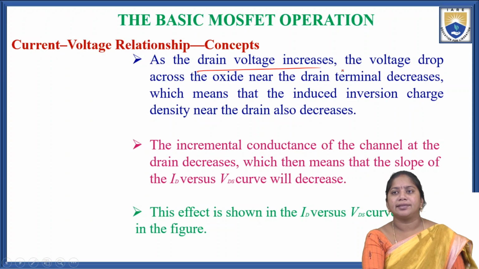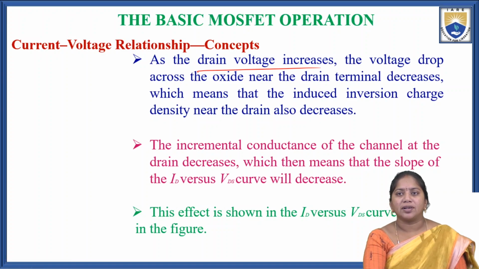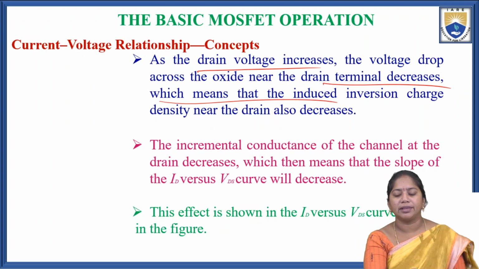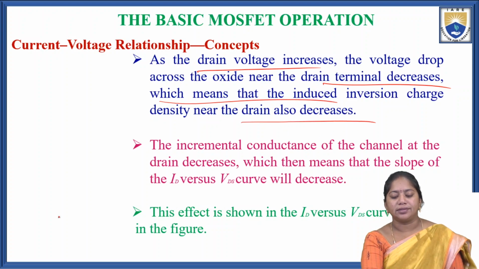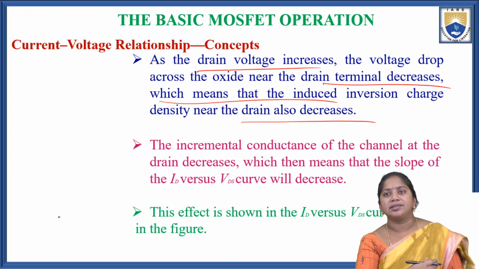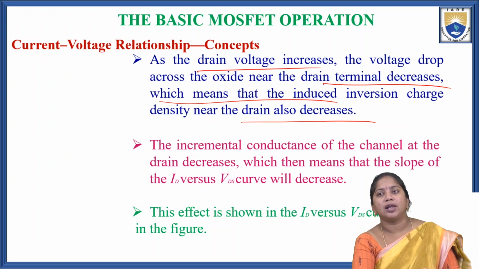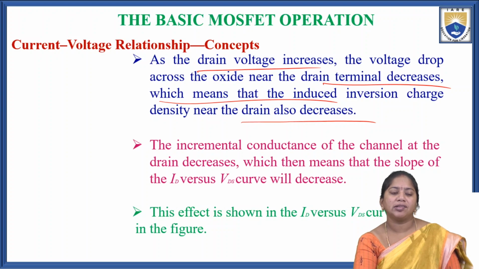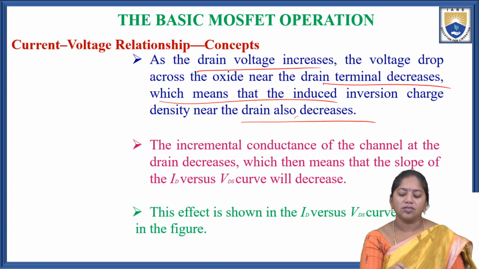As the drain voltage increases, the voltage drop across the oxide layer near the drain terminal decreases, which means that the induced inversion charge density near the drain also decreases.